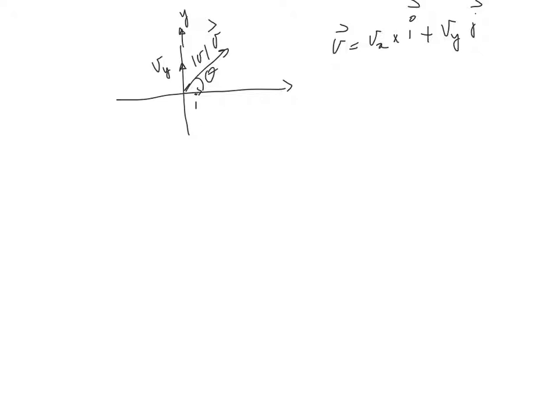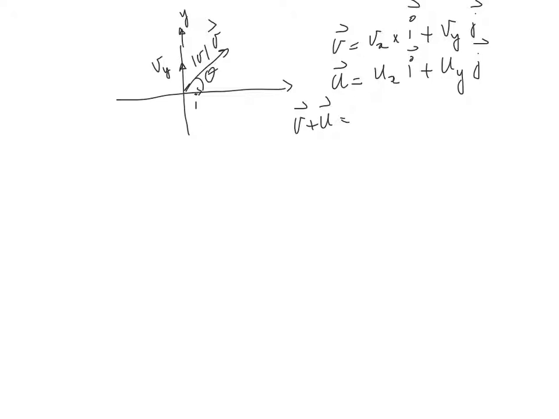Let's assume that vector u, the second vector, is going to have the same thing: u sub x i plus u sub y j. Now, when we are adding the two vectors, v plus u, the terms which are involved with the unit vector i are like terms, so we can add them together.